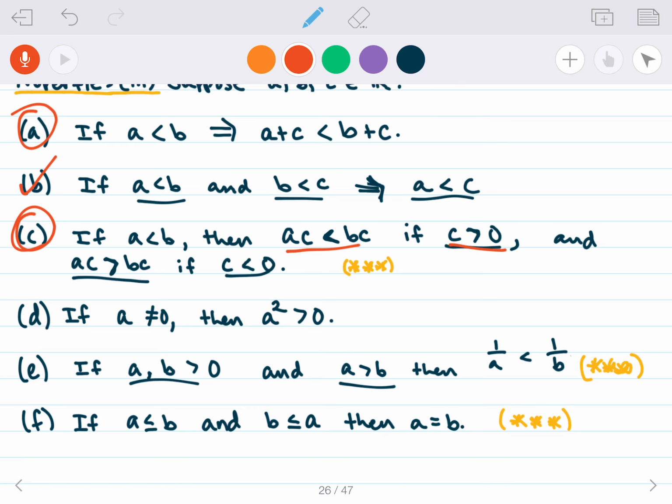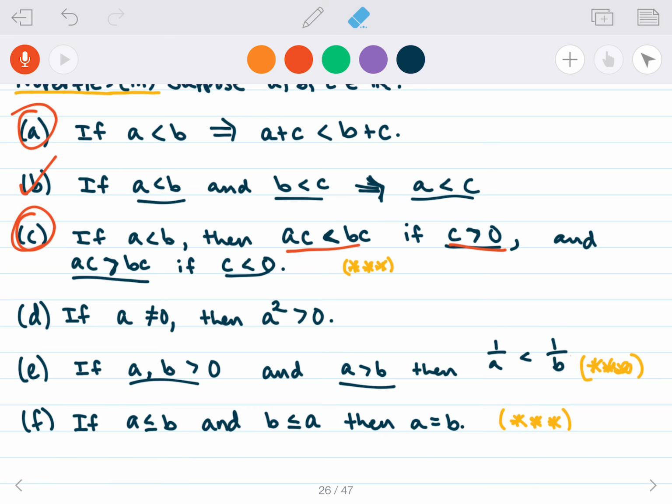Okay, so when you multiply both sides by C, you don't flip the sign if that C is positive. And then you do flip it if the C is negative. So for instance, if you have this and you multiply both sides by -2, you end up getting this. You flip the inequality sign.